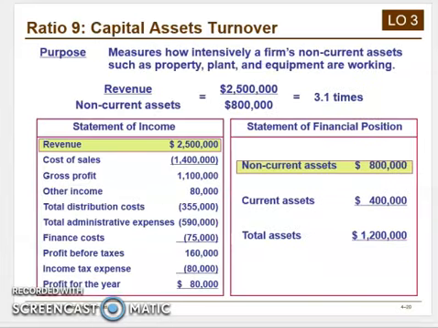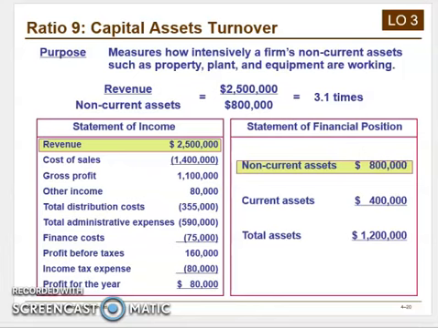Okay, so we're going to look at the capital asset turnover. The capital assets, which are our non-current assets, total 800,000. We divide that into our revenue number, which is 2.5 million. This is showing us how effectively we're using our long-term assets to generate revenue.